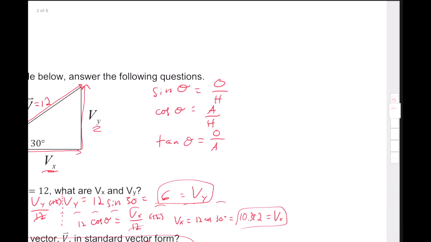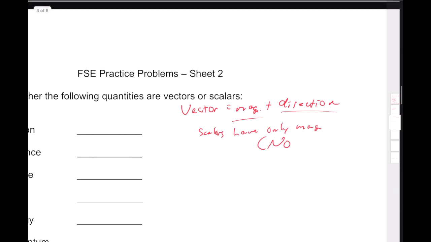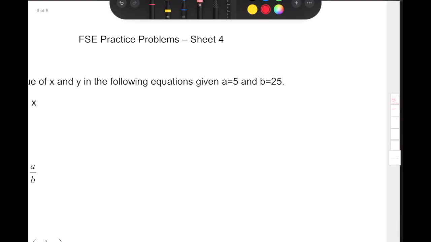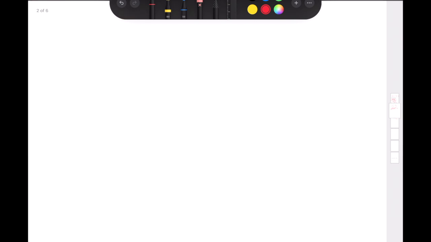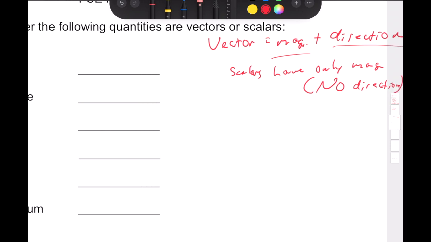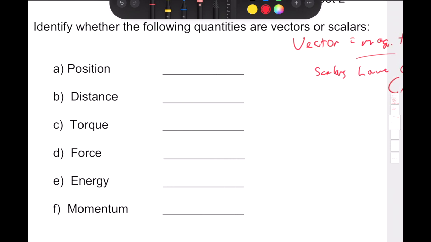No direction. Oh, my wrist keeps hitting the thing. Direction. There we go. So it wants us to identify these quantities and say, well, which one are they, vectors or scalars? Well, no problem.